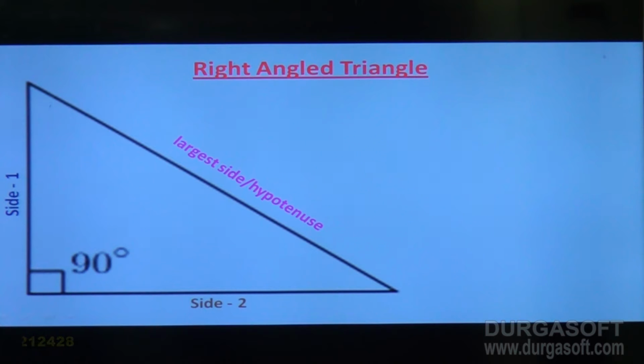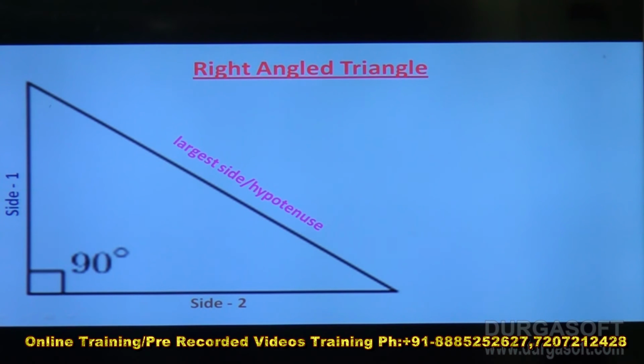And if you can see, the sides are different in this right angle triangle, right? So one of the sides we consider as side 1 and the other side as side 2, and the side opposite to the 90 degree angle we consider as the largest side, or side 3, or you can consider it as hypotenuse.